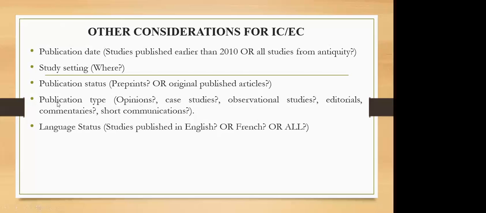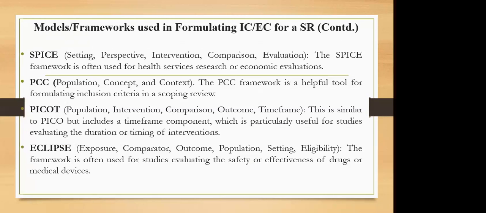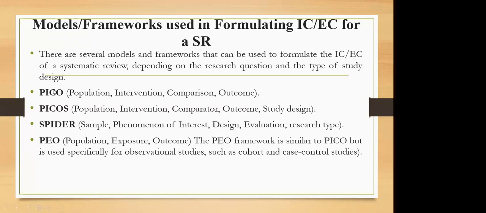Another criterion we can consider in our systematic review publication or dissertation is the type of publication. Not all models include it. If you look at this model, it doesn't talk about publication status. It only tells us PICO, about the participants.